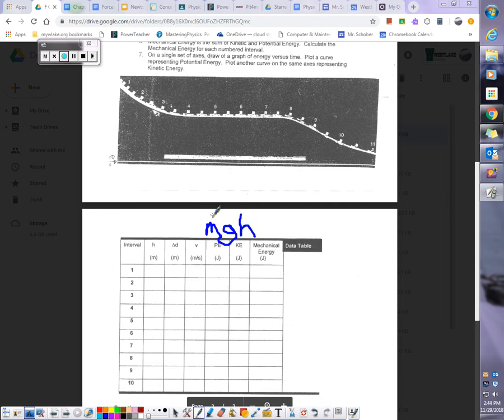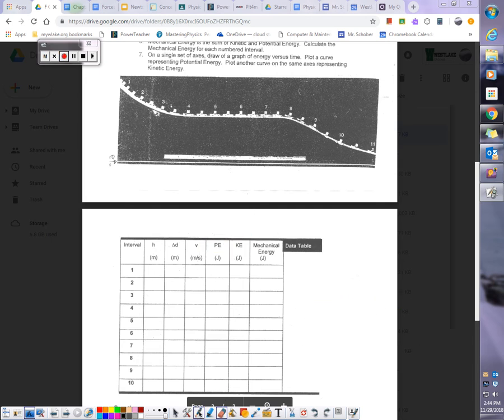The mass of the cart in this is equal to 0.1 kilograms. Gravity, as we know, is always equal to 9.8, and the height is the height that we have here. So that's how you find the potential energy column: 0.1, that's the mass, times 9.8, that's your g, times the h that we have in the first column.